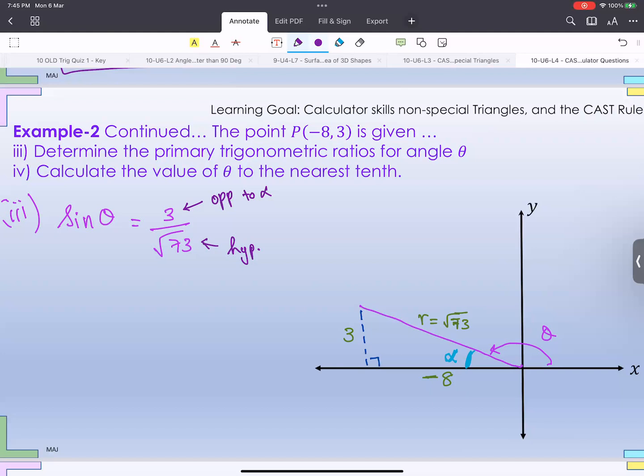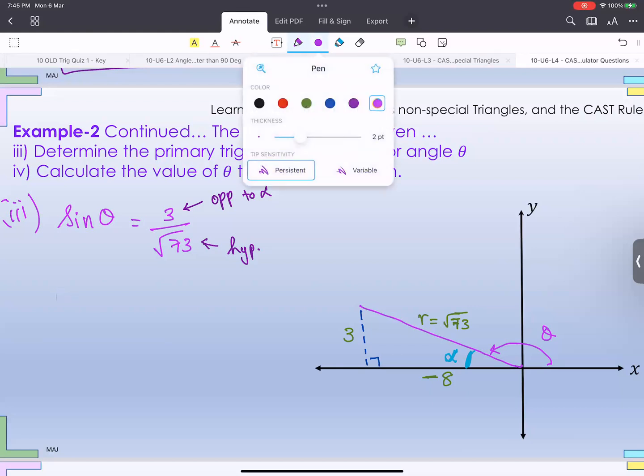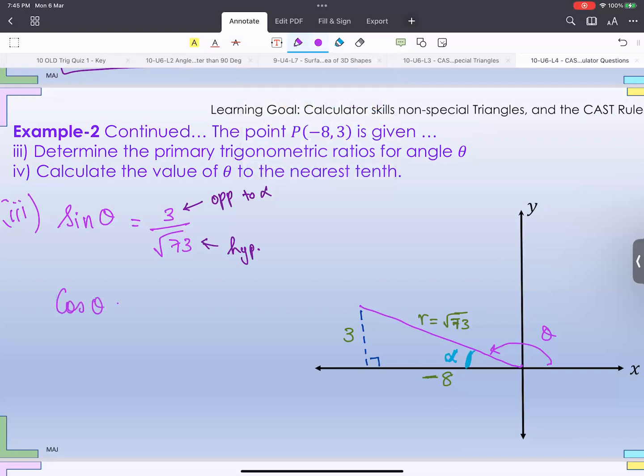Let's go on to figure out what cos theta would be. Cos theta is adjacent over hypotenuse, so that should be -8 over root 73. Cos, as expected, is negative in the second quadrant. Only sine is positive in the second quadrant.